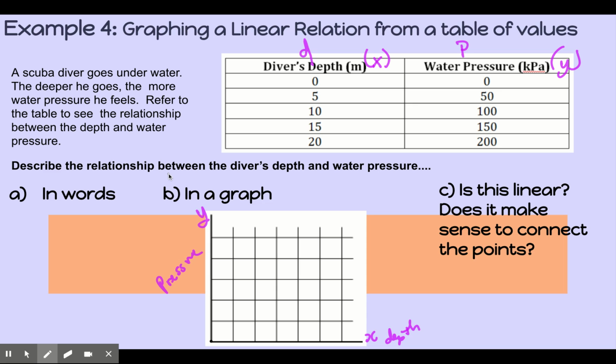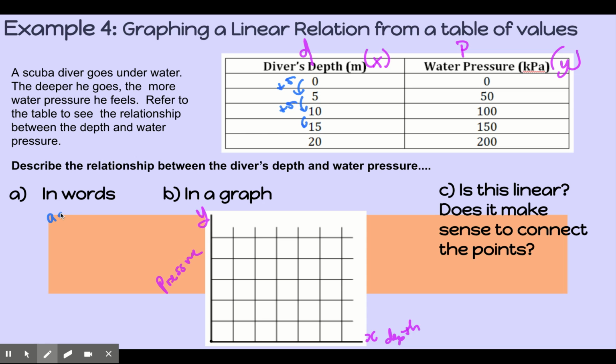So, describe the relationship between the diver's depth and the water pressure. So how do we do that? We can do this in words. When I mean in words, it's asking you, what is the relationship? So the diver's depth looks like it's going up by 5s each time.